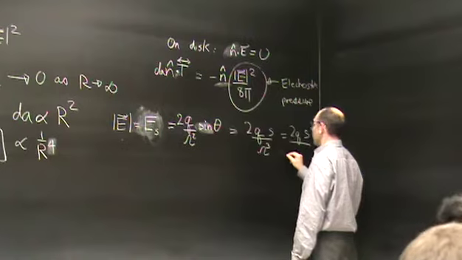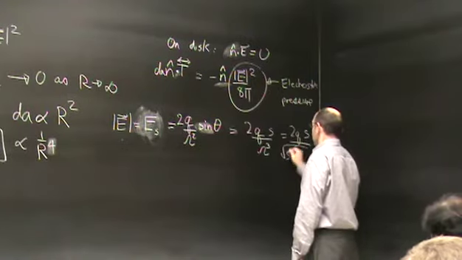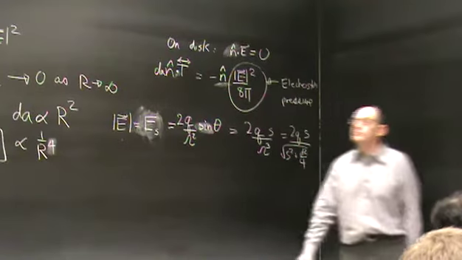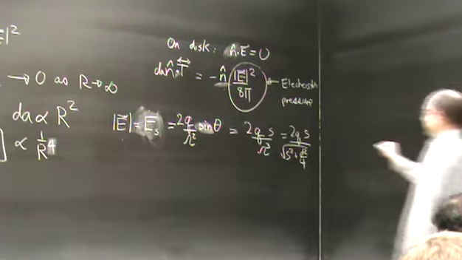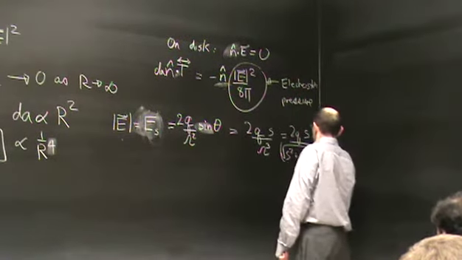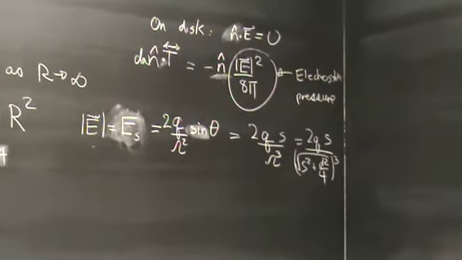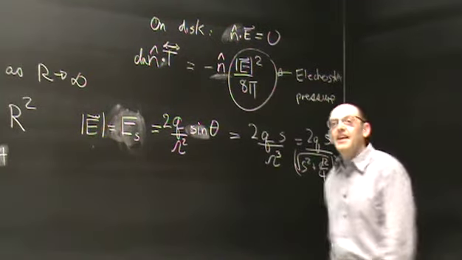It's the square root of s squared plus d squared over 4. And then I have to take the cube of that. So that's the electric field. Got to plug that into here and then integrate.